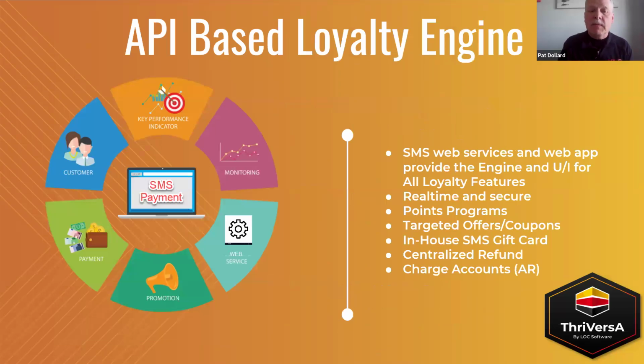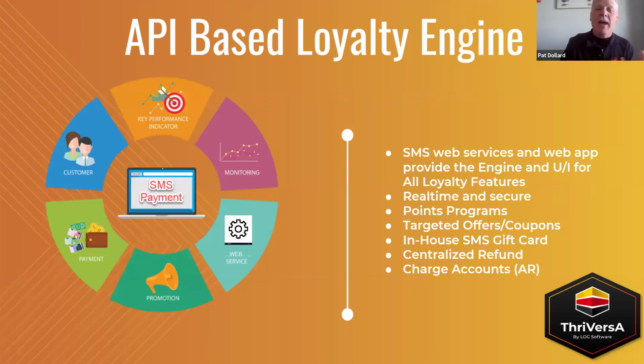And we use that set of APIs and the service, as we call it, to accommodate more than just targeted offers. It could be used for points. It could be used for gift card, as I mentioned, in-house gift card. It can be used for a pretty much non-loyalty feature altogether, called centralized refund.